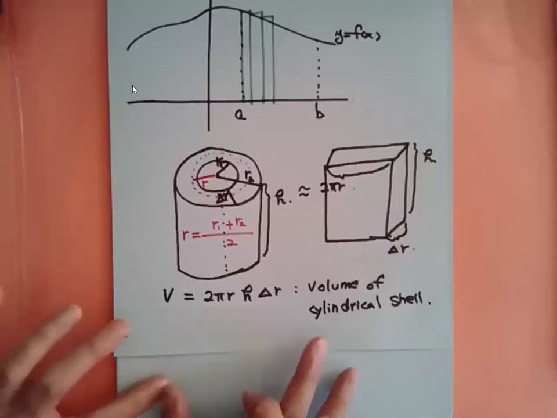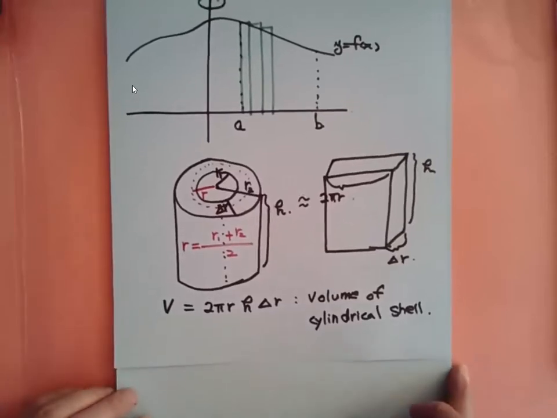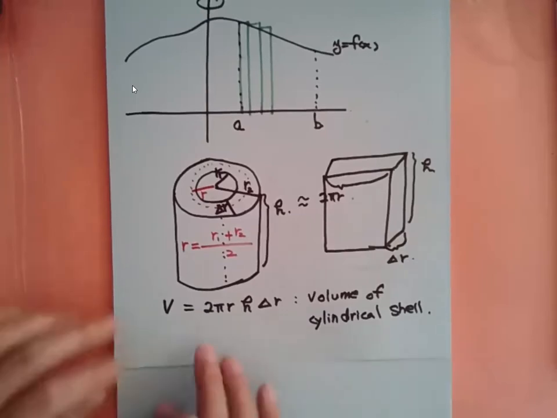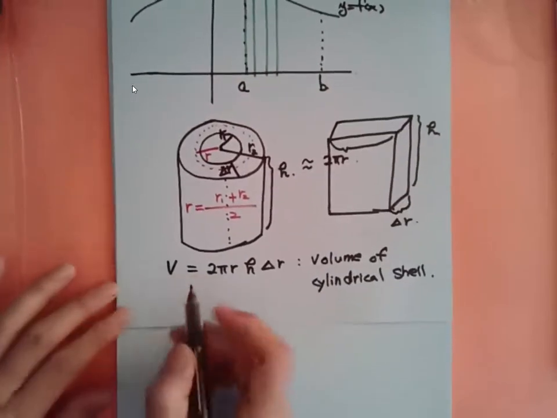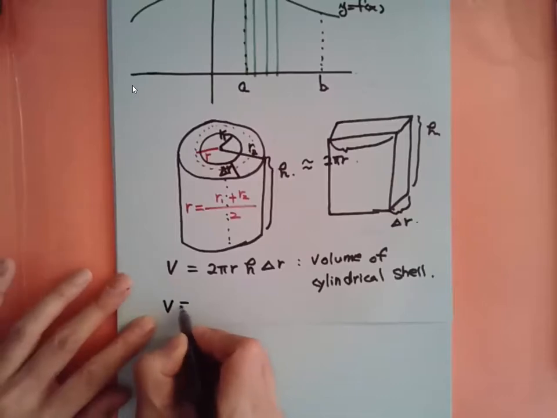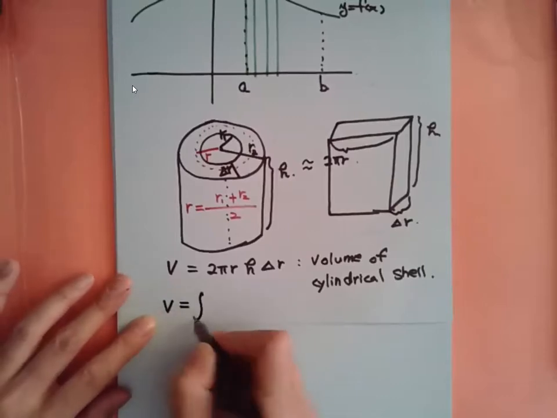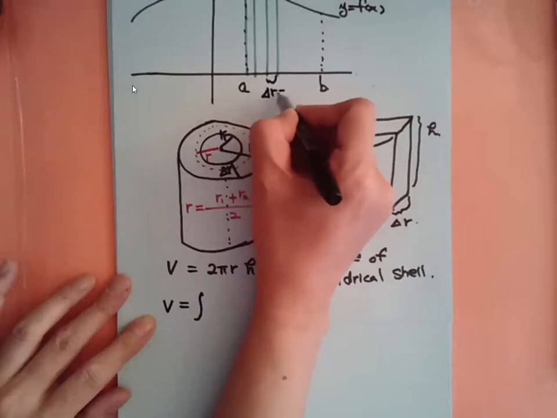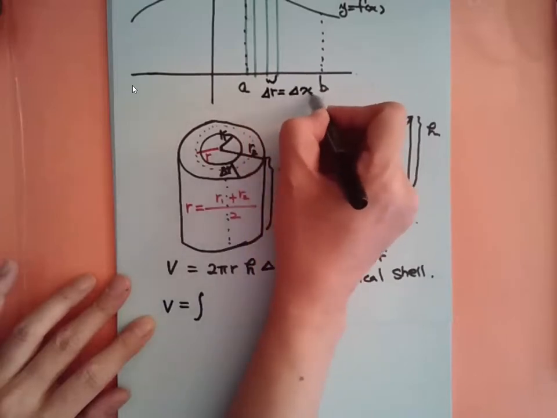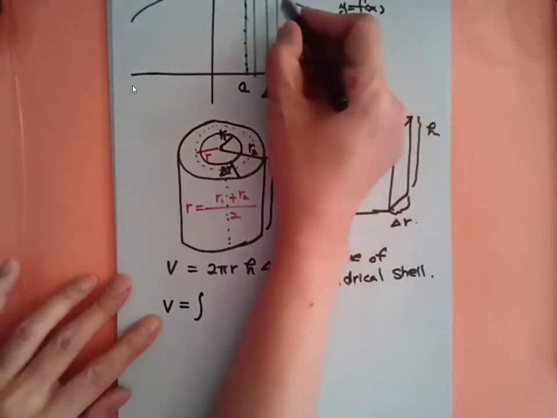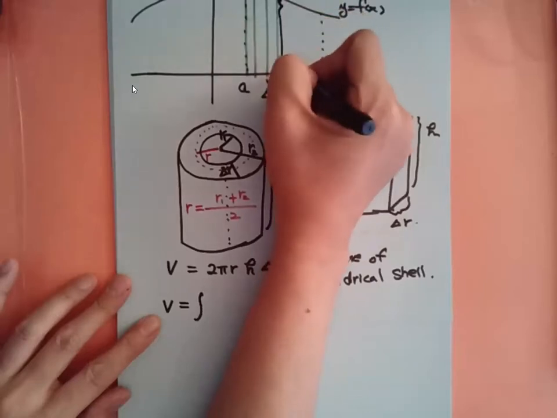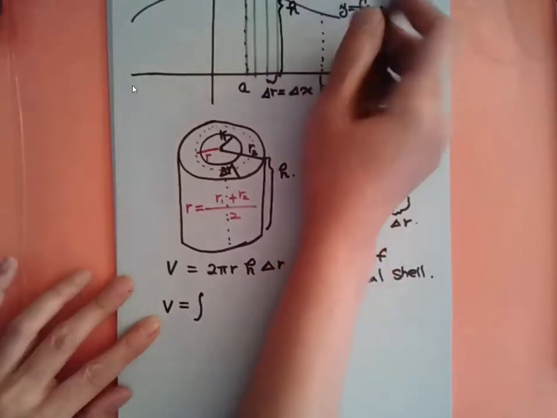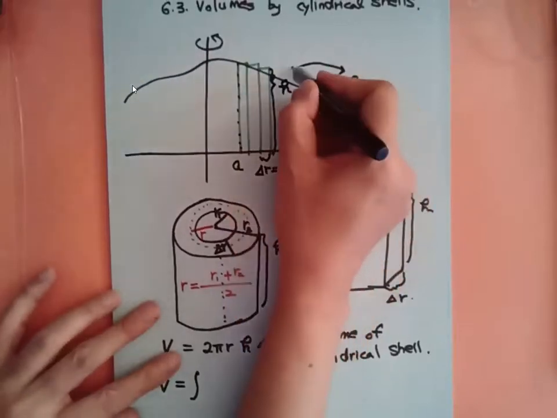So from here, we are forming the volume formula. Volume V equals integration. So this is delta r, which is delta x. And this is h. h is determined by the function.